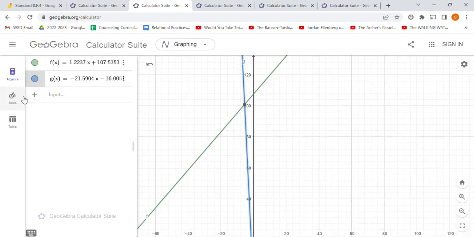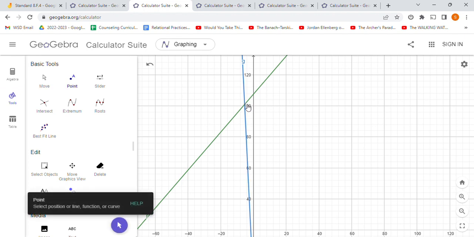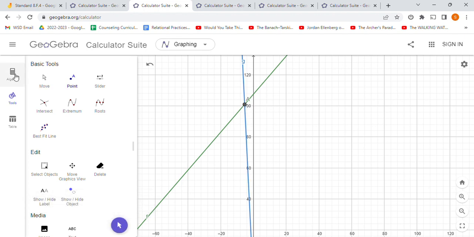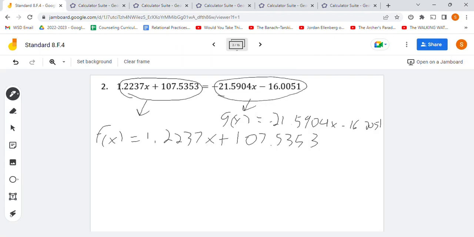So we'll find that intersection point: click on Tools, click on Point, put that point at the intersection, go back to the algebra list, and we can see our point right there. This one only has a single intersection point. They're two straight lines, so we only have one solution for it, and we're going to round that to negative 5.4. So this second one has a solution of x equals negative 5.4.